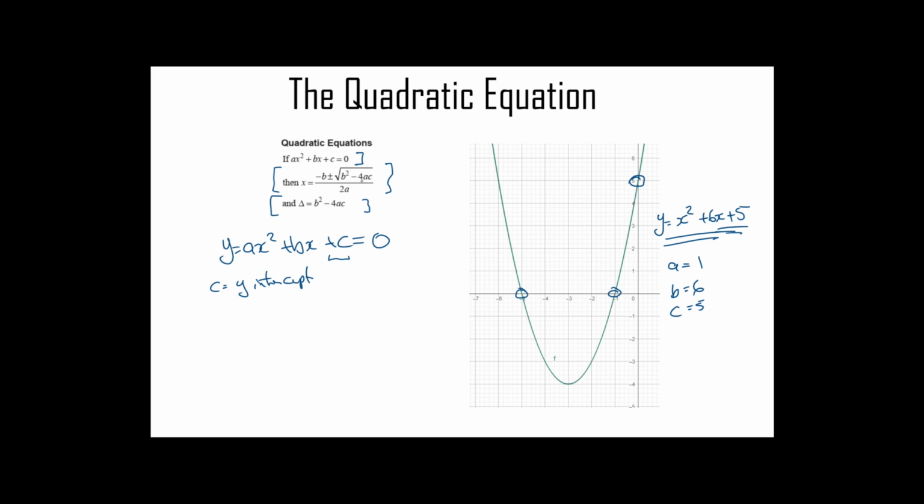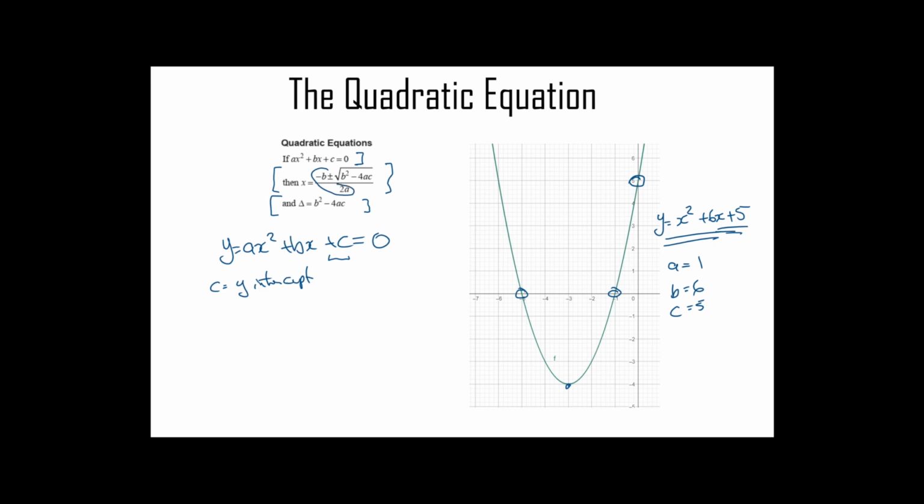When we put a, b, and c into this equation, we can find the roots. But we can also find the turning point using this as well. So the x part of the turning point is given by this bit here.